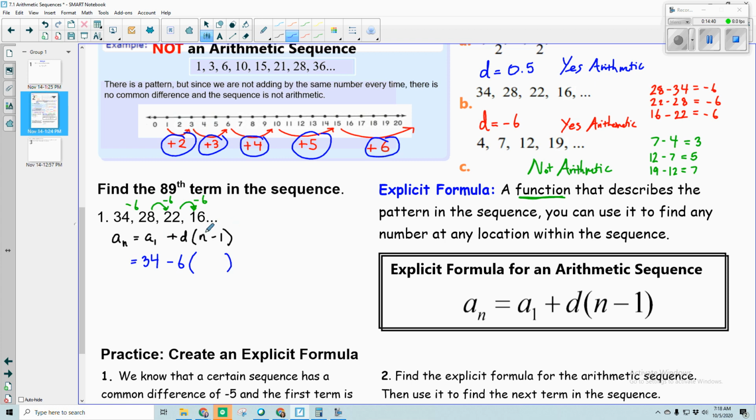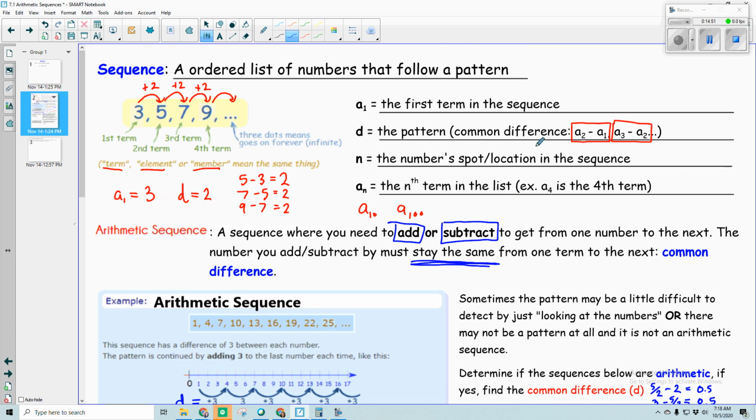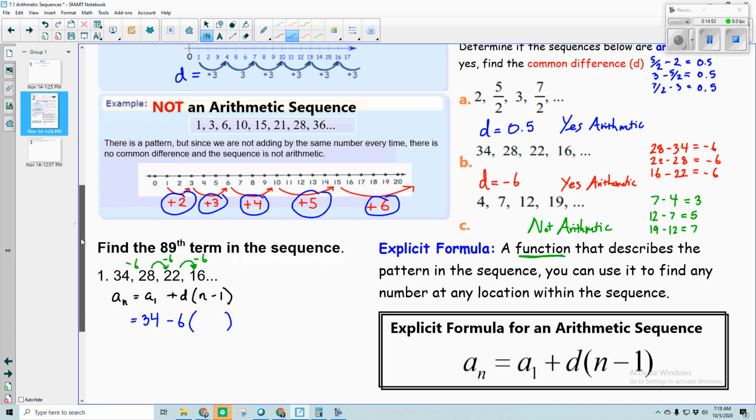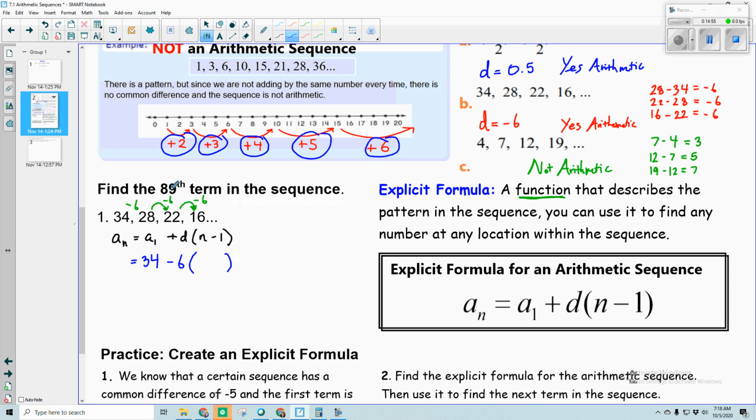And then the only other thing I have left to plug in is n. Okay, so if you recall, n is talking about the location, the number spot or location in the sequence. So we specifically want to find the 89th spot in the sequence. What is the 89th term in the sequence? So we're going to plug in 89 for n.